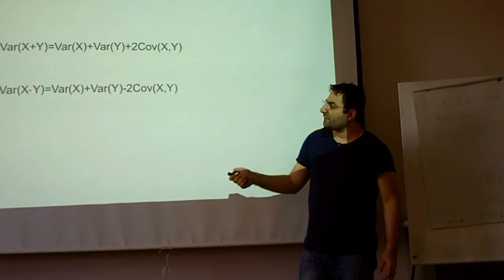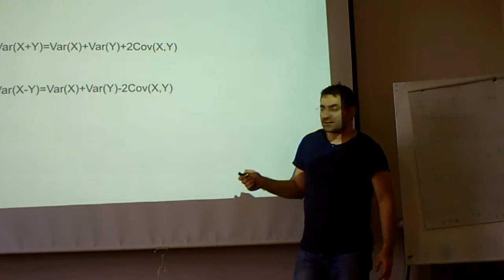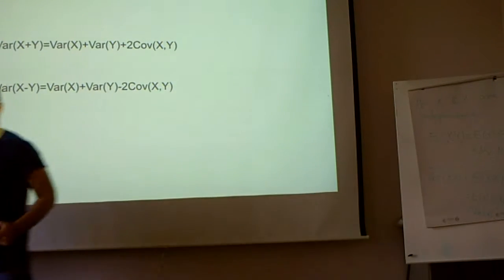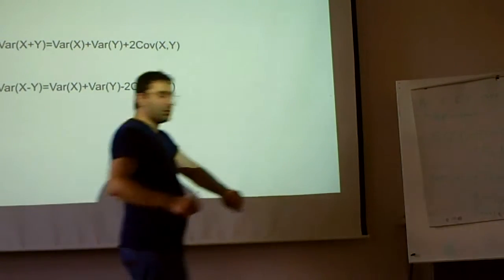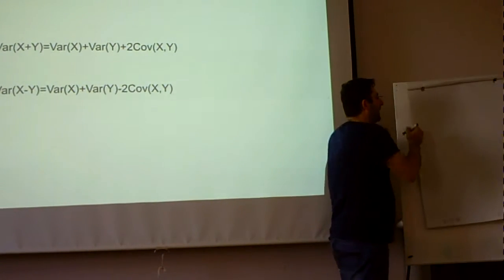Now, variance of x minus y is variance of x plus variance of y minus 2 covariance of x and y. Maybe you remember this relationship from the probability course.